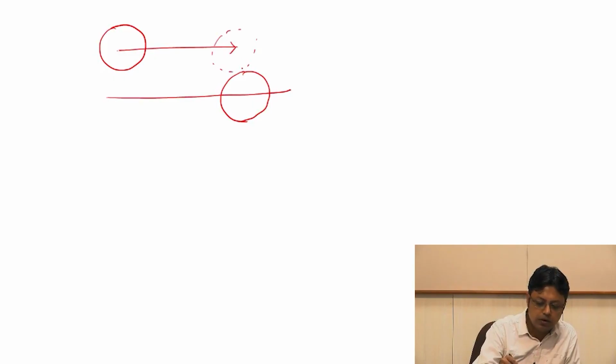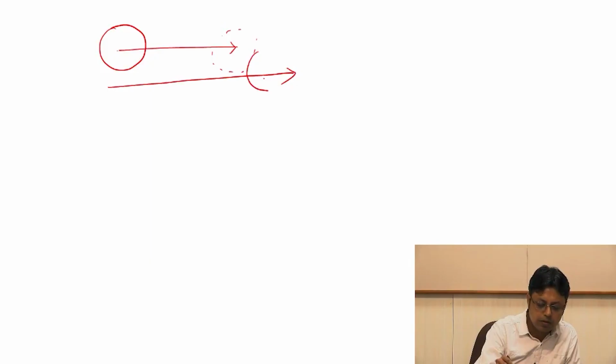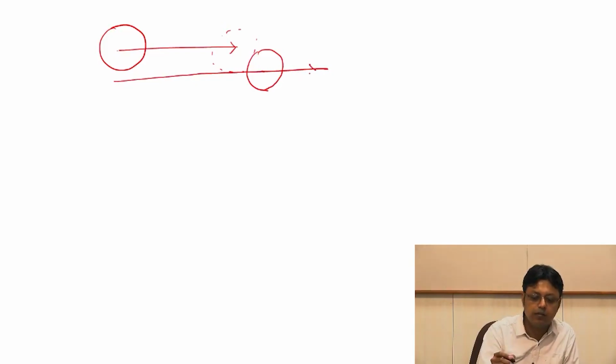Let me draw it slightly bigger. Something like this. And this is basically the center of the second molecule, which is static because we are talking about relative velocities.